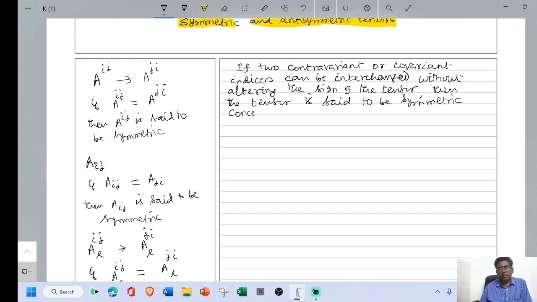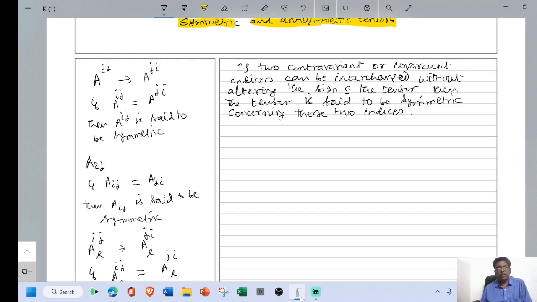Concerning these two indices, the meaning is, with respect to the two indices i and j, the tensor Aij is symmetric if there is no change in the sign of the tensor. If you interchange these two indices, if Aij equals Aji, then the given tensor Aij is said to be symmetric with respect to the two indices i and j.